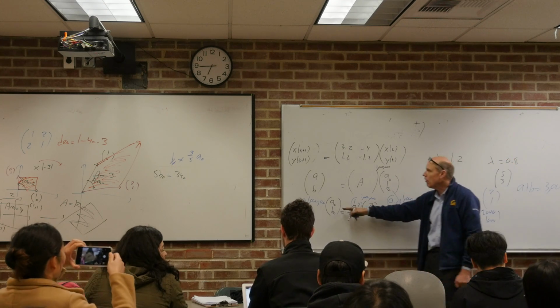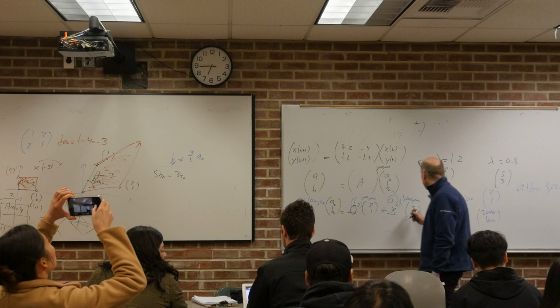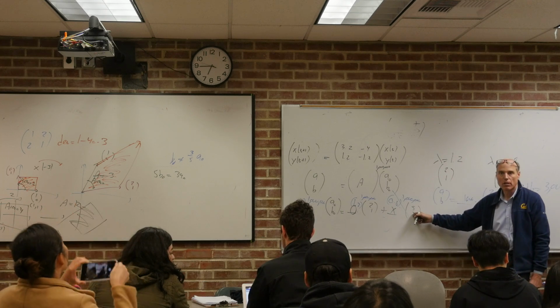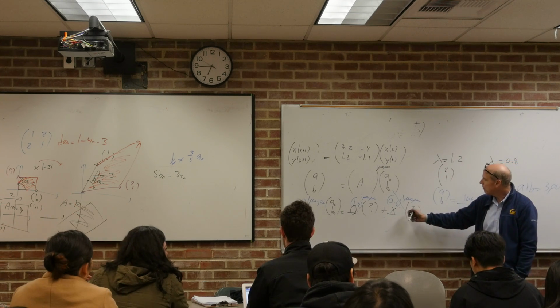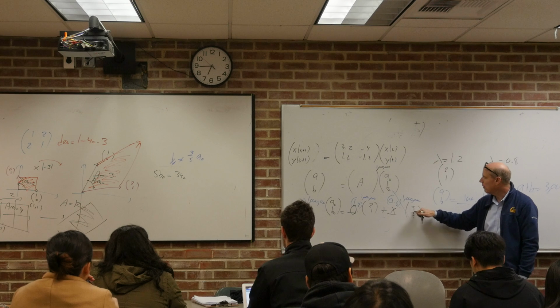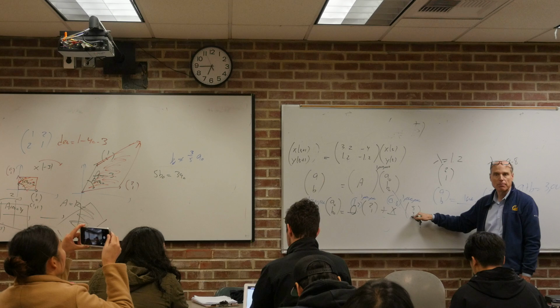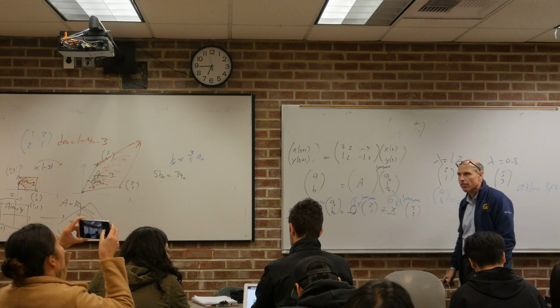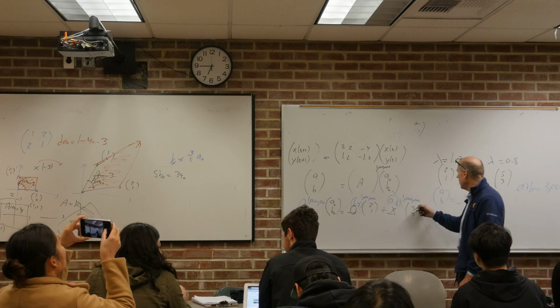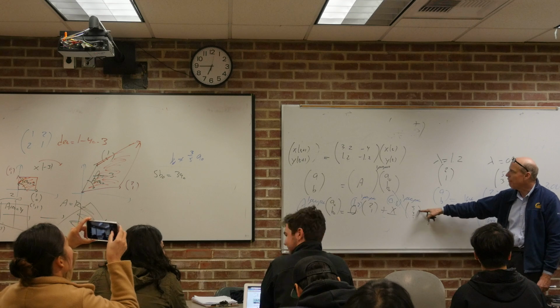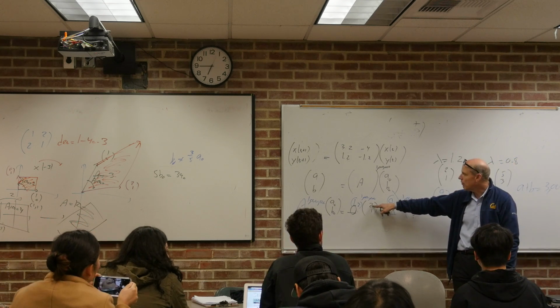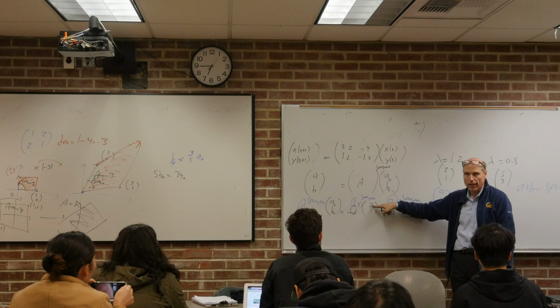So if the initial population started in the 5:3 ratio, then the initial population would be a multiple of this eigenvector, and it would go to 0. So as long as that initial population is not entirely (5, 3), this is the dominant eigenvalue, and that's its corresponding eigenvector.